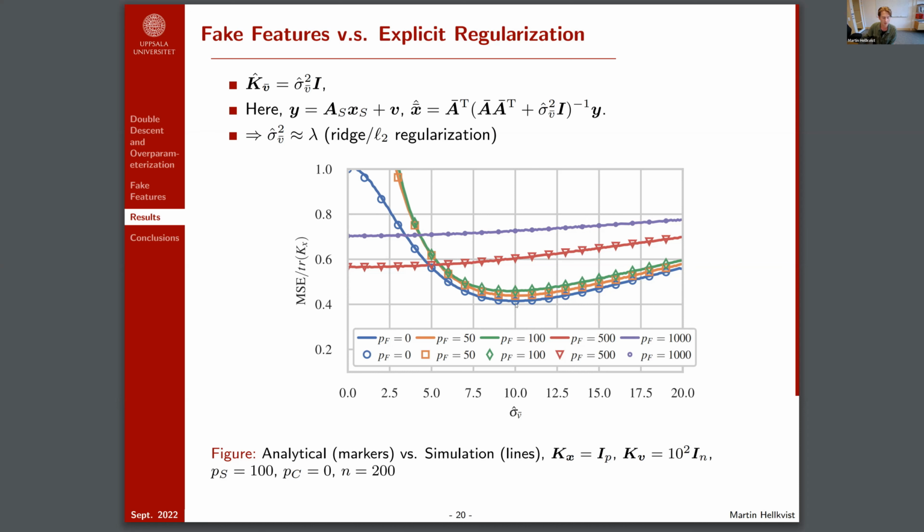But if I increase the number of fake features to 500 and look at the red curve, the minimum MSE in terms of sigma hat is much further to the left and perhaps almost 0 here. So if I have more fake features, they are regularizing the problem for me already, and I don't have to put this explicit regularizer in.